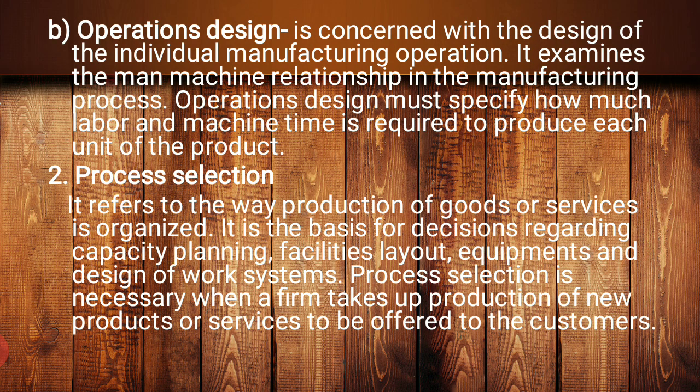As far as operation design is concerned, it is concerned with the design of the individual manufacturing operations, meaning at each stage what are we going to do, that is all about operations design, right? It examines the man-machine relationship in the manufacturing process. Operation design must specify how much labor and machine time is required to produce each unit of the product. That means operation design tells you about each stage.